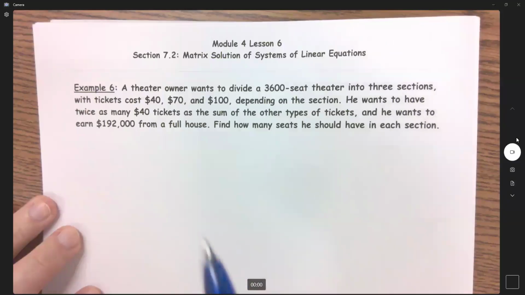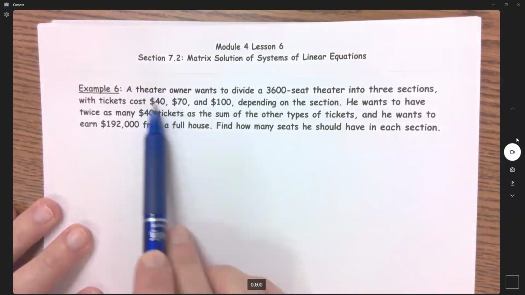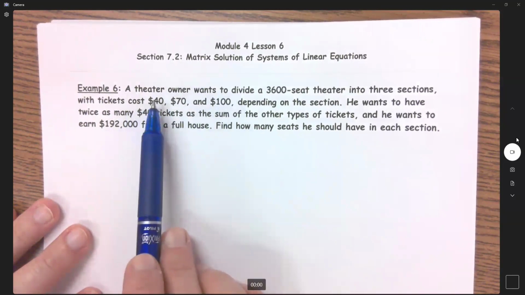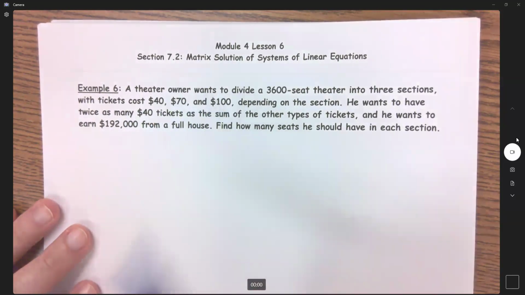Okay, so again, we have 3 different types of tickets that cost $40, $70, and $100.